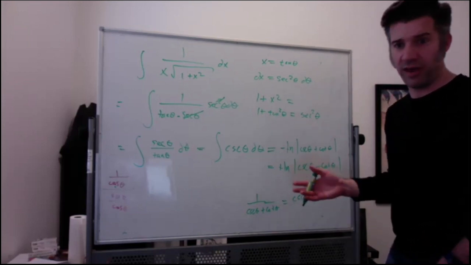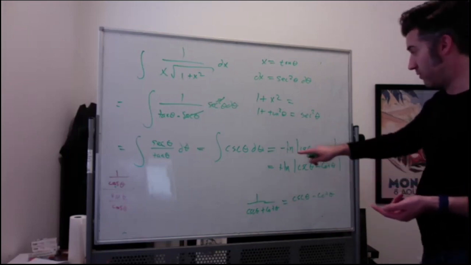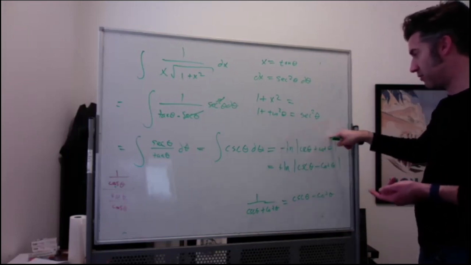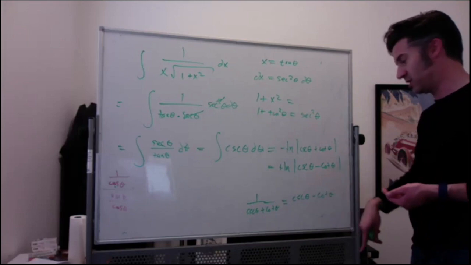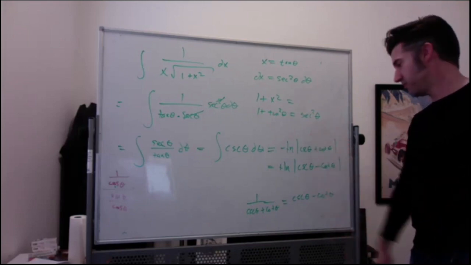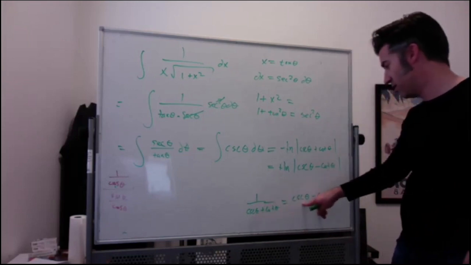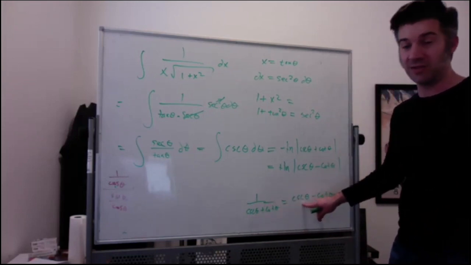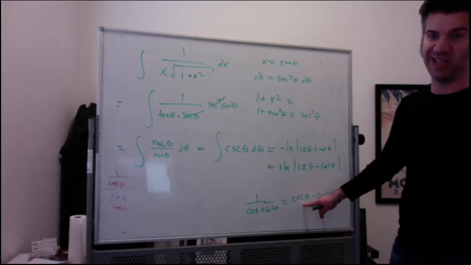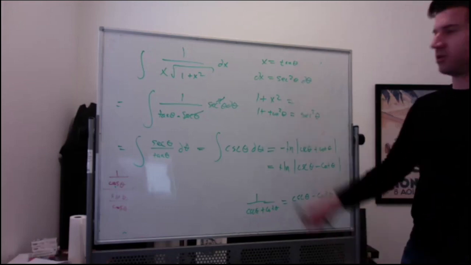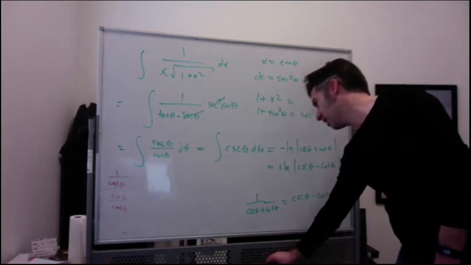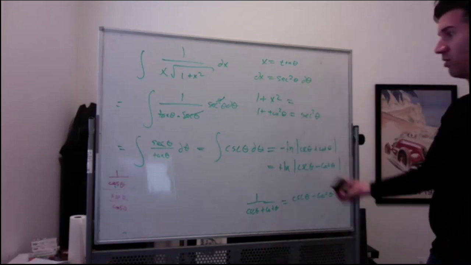You don't need to show that, but it is actually true that, right, if you bring this -1 up here, this to the -1 power is equal to just that. Who knew? I mean, you guys probably knew, right? You can see it. If you multiply this over here, you get cosecant squared minus cotangent squared, which is equal to 1. That's another trig identity. Trig identities abound. So anyway, doesn't matter which one we pick.